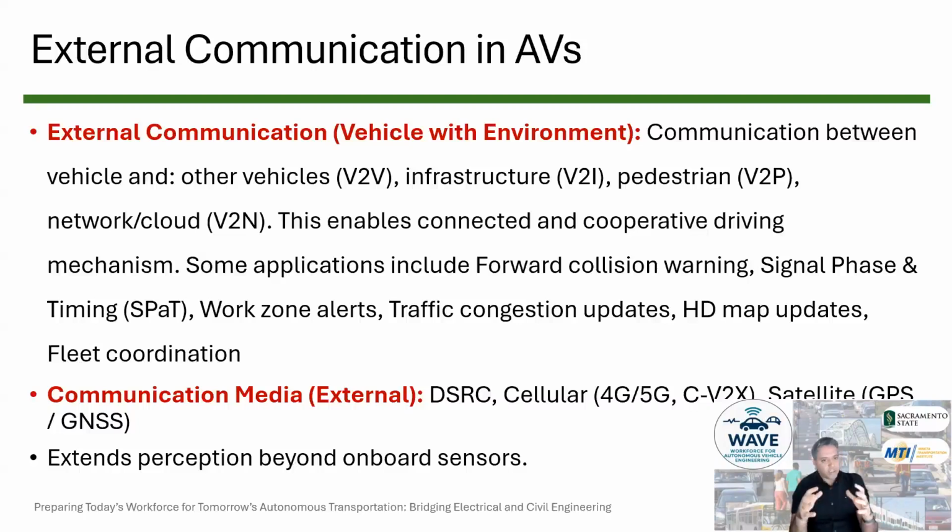But communication with other vehicles or infrastructure extends the perception of the car. If a pedestrian is getting close, the camera may not detect it, but over a larger range, that communication can help the perception system of an AV.